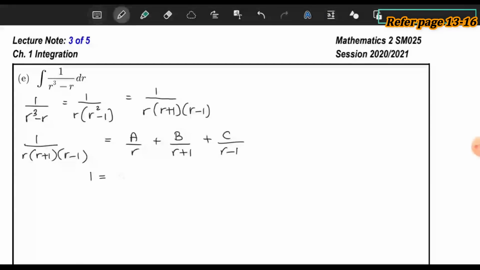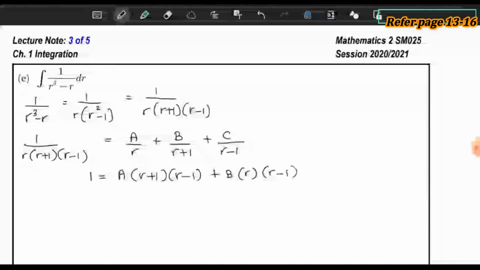For now, we need to equate the denominator. So 1 equals a times r plus 1 times r minus 1, plus b times r minus 1, plus c times r plus 1.